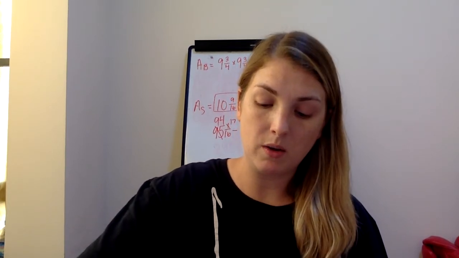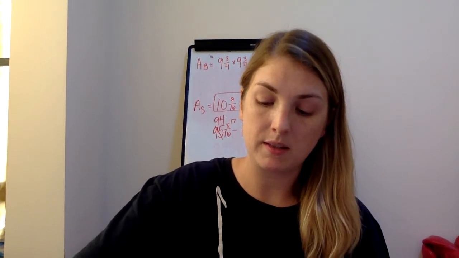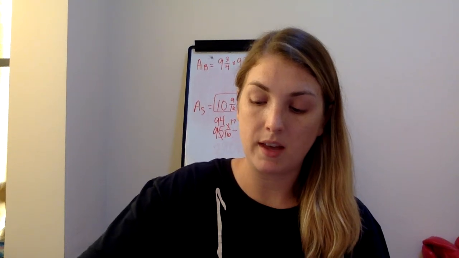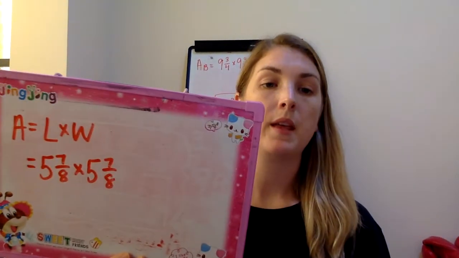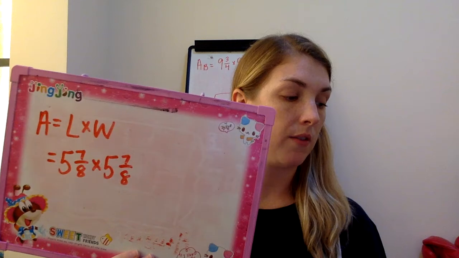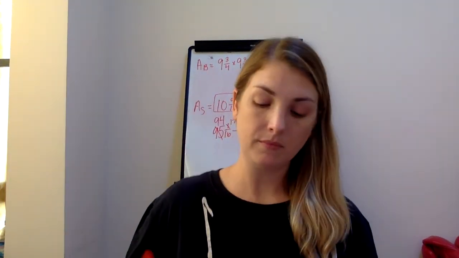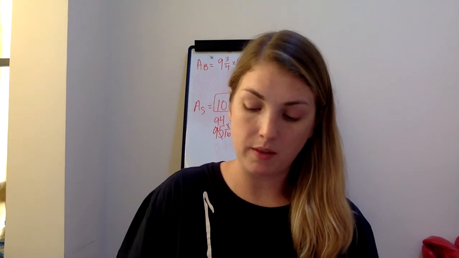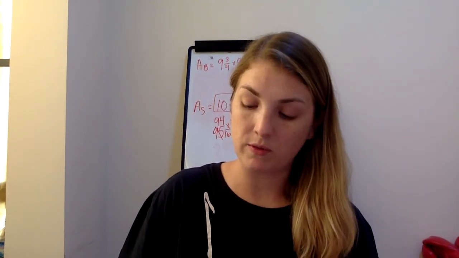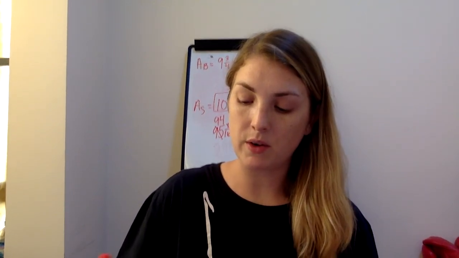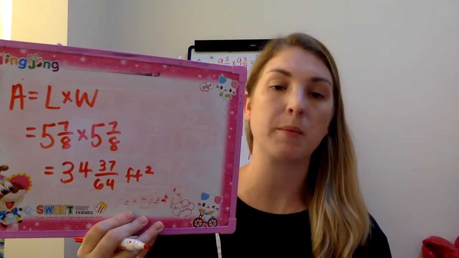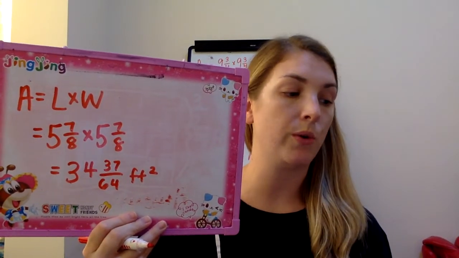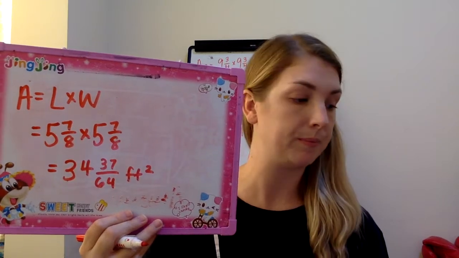So to find the area, we can just multiply 5 7/8 times 5 7/8. All right, please pause the video and solve for that. You should have gotten 34 and 37/64 feet squared. This is kind of a crazy mixed number, but that is the total area that the fence encloses.